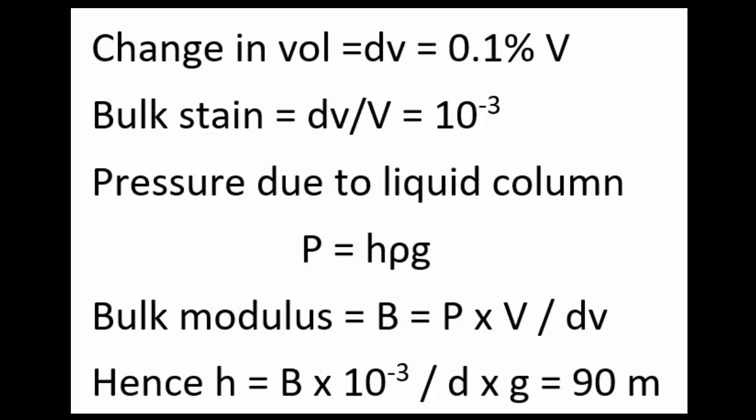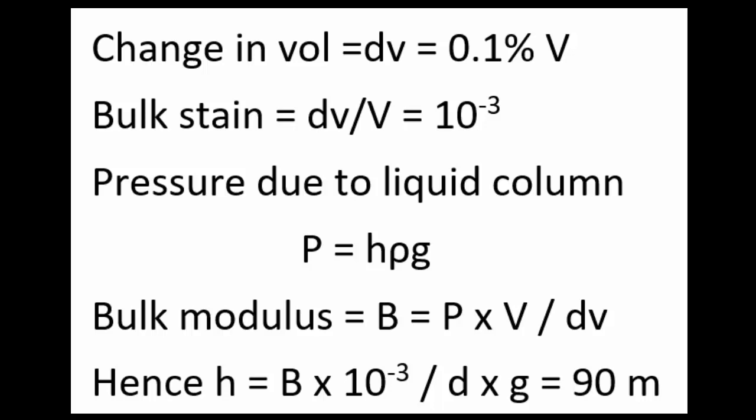Point number 2, pressure due to liquid column. Now we all know that the atmospheric pressure is 76 centimeters of mercury column. My point is, how come the pressure unit is given in centimeter? Centimeter is not the unit of pressure, students.